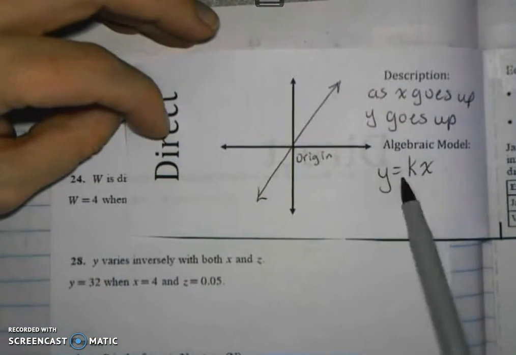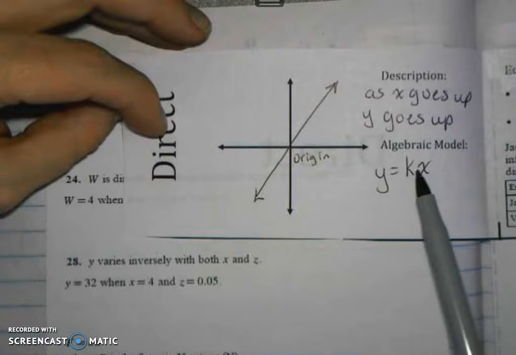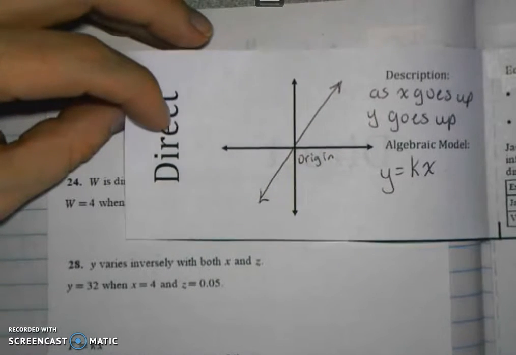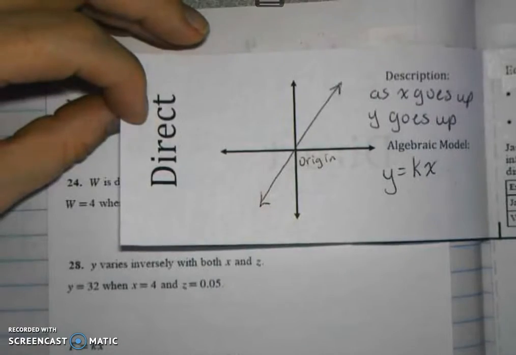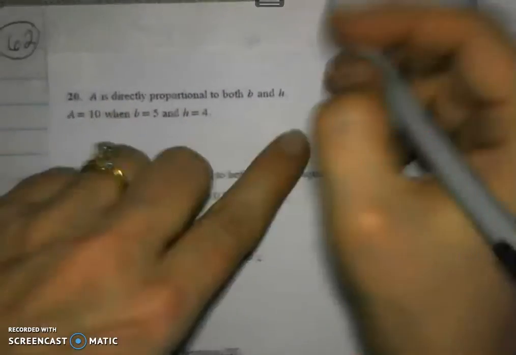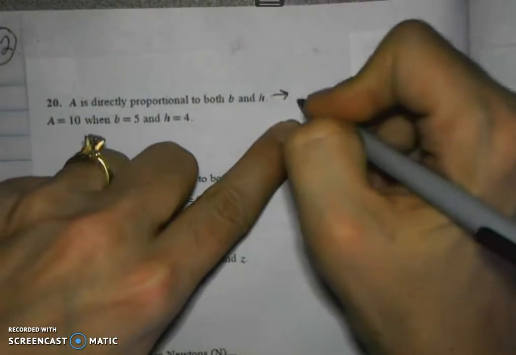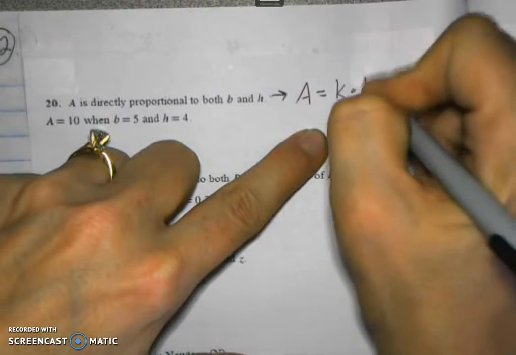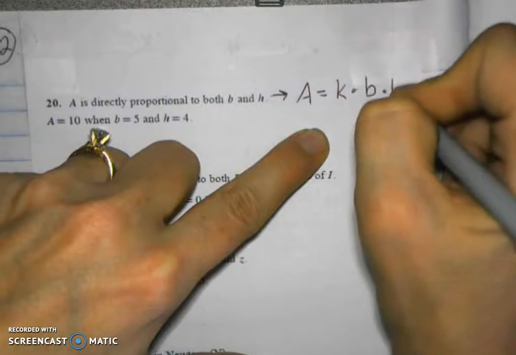And directly means multiplying in the form of some constant, and this has more than one variable, so it's a joint variation problem. But this sentence truly means A equals K times B times H.